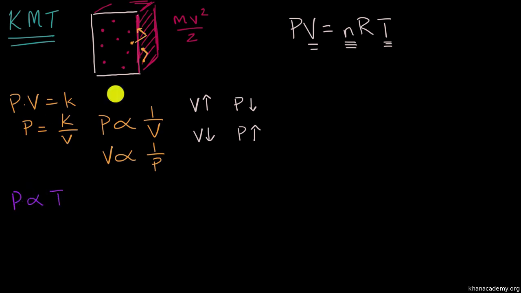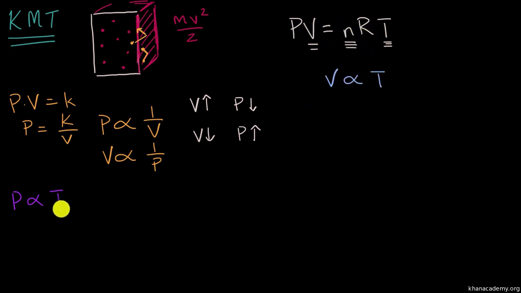Now, another relationship, and I'm really just going through all of the combinations over here. What if we were to hold pressure and the number of molecules constant? So we're really looking at the relationship between volume and temperature. So once again, if P, N, and R are always constant, the ideal gas law would tell us that the volume is proportional to the temperature. Once again, holding everything else constant.